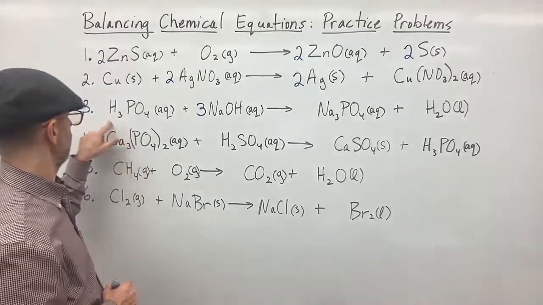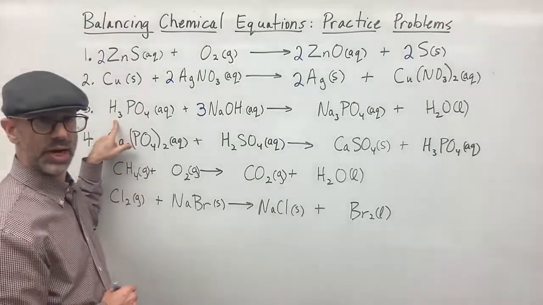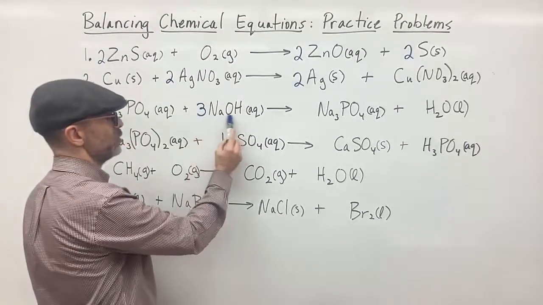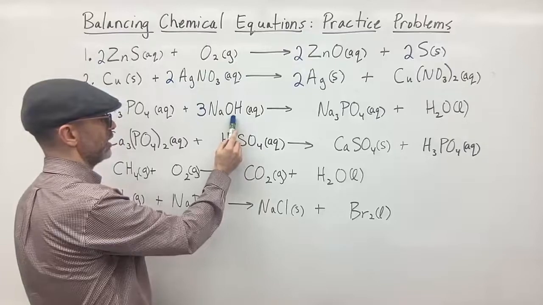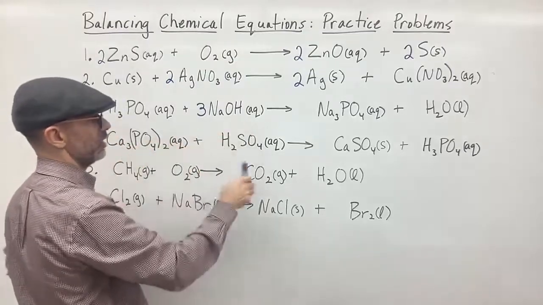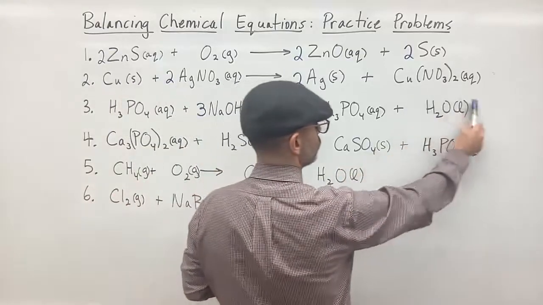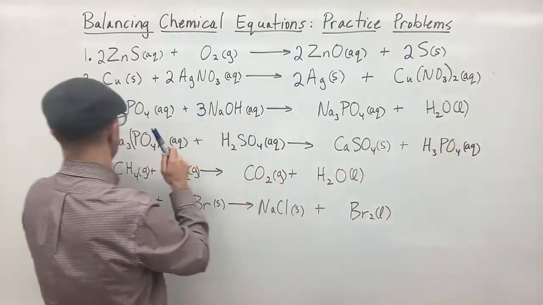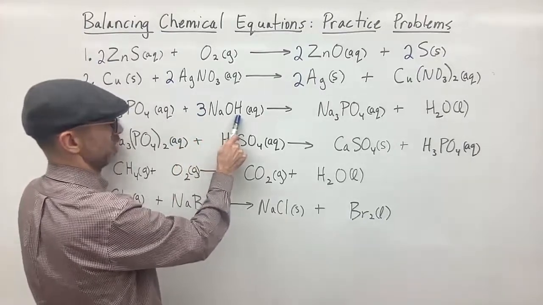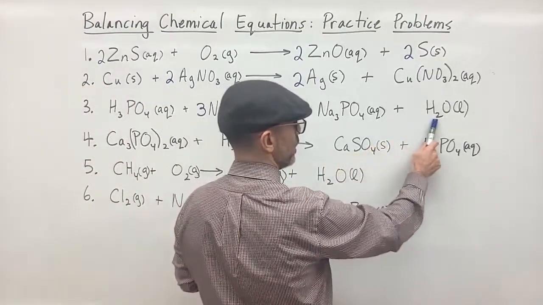So I have 3 H's here, 3 hydrogens here, and I have 3 hydroxides here. So these are going to come together, and we have H2 over here. So 3 hydrogens plus the 3 hydrogens here, that's 6, but I only have 2 here.